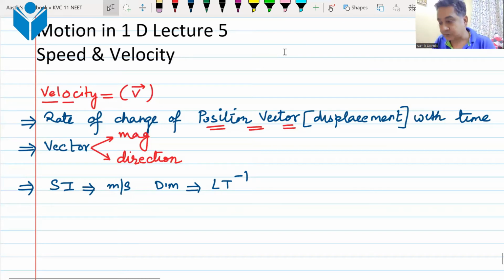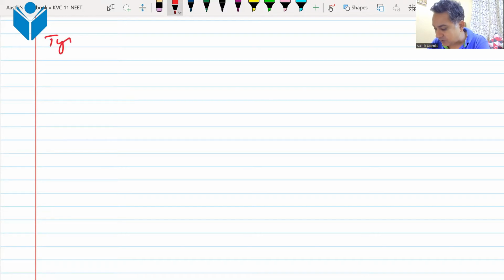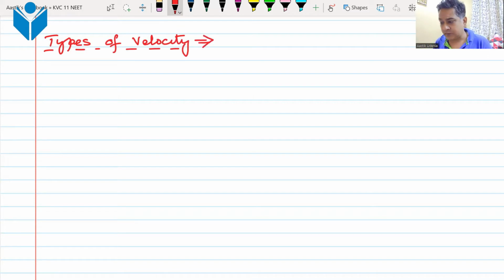Yes or no? Then the next thing is that we talk about the types of velocity. Now, can you tell me what are the types of velocity? What is the first type of velocity?